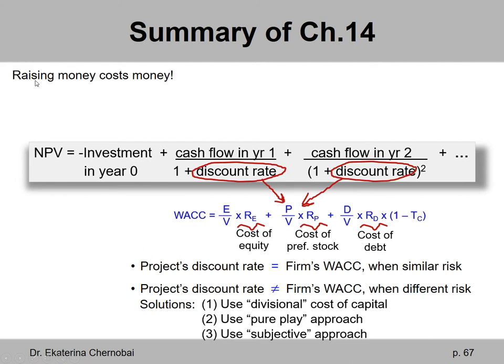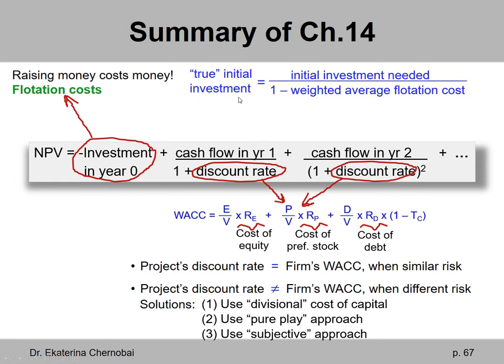We also talked about how raising money costs money. That's flotation costs. And that has to do not with the discount rate for a new project, but how much we truly need to invest into it. Because flotation costs are additional costs, we need to adjust the initial investment up. So whatever is required, we need to add something extra to it. That allows us to calculate the true initial investment, which is the initial investment that's needed for the project divided by 1 minus the weighted average flotation cost.